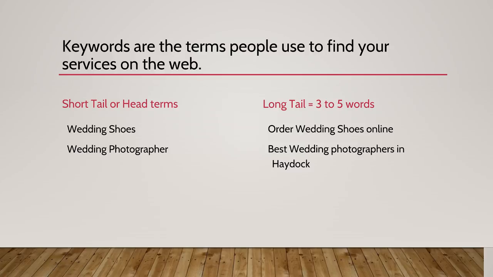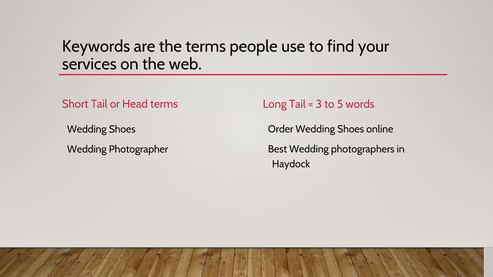Order wedding shoes online, well, there's a bit more intent to buy there, because I'm looking at how I can order wedding shoes online. So what's the intent behind me searching those words? I'm looking for a place where I can order wedding shoes online, or I'm actually ready to buy now and I just want to order my wedding shoes online.